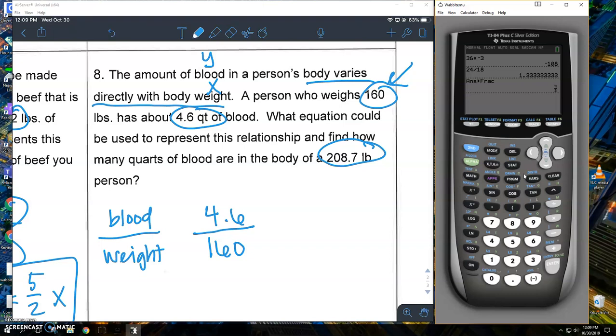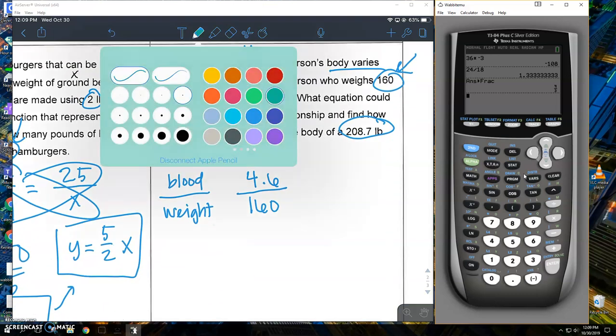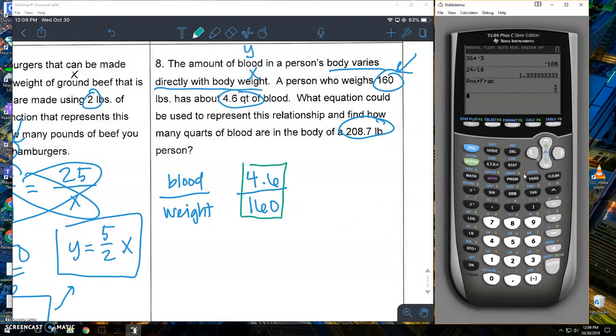So before I go any further, if I were to simplify this y over x, I could solve for my k. So y over x, so 4.6 over 100. Let's see if it gives us a nice number. And it gives us 23 over 500.